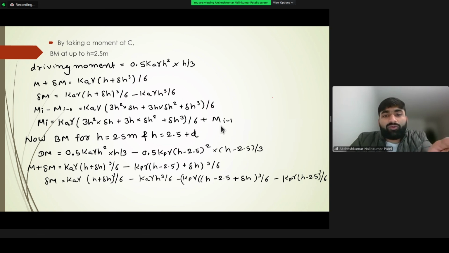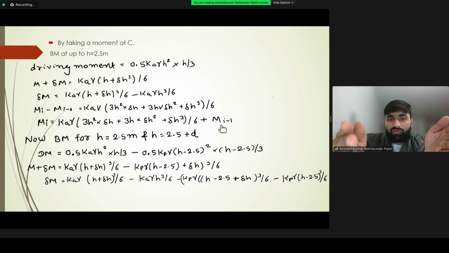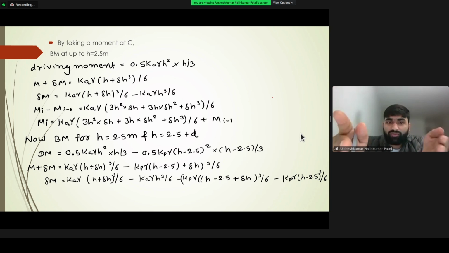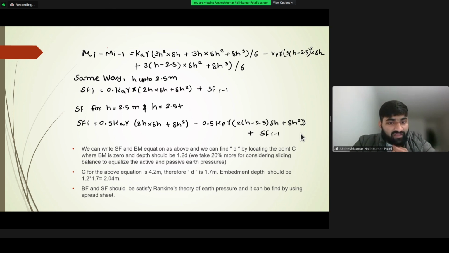When we write our driving moment and shear force equations, we can plot the pressure variation diagram, and based on that I have written all the moments at all distance intervals. So we can easily find everything just by making the proper equation.